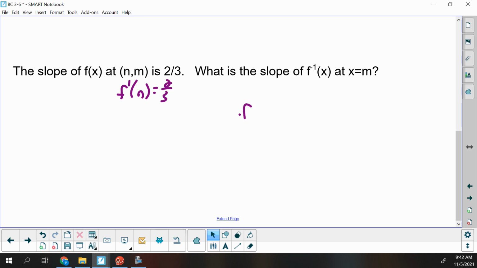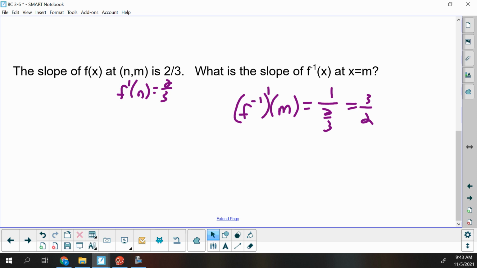So we want f inverse prime at m, that should equal 1 over that 2/3, or in other words, 3/2. And that's the main thing with inverses that comes up on the AP exam.